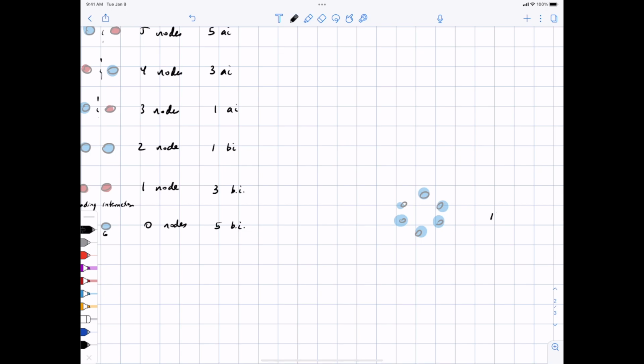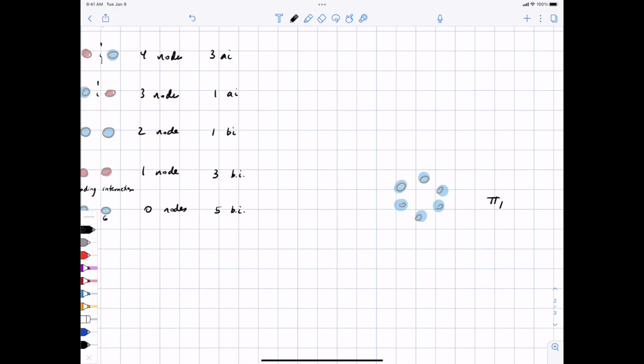Now think about what we've drawn here, the pi 1 molecular orbital for benzene. And instead of having only 5 bonding interactions, because it's cyclic, you have 6 bonding interactions.